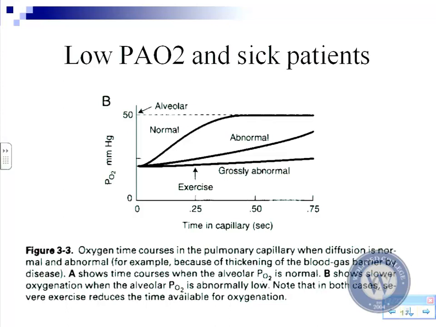Their saturations begin to fall, and that individual becomes very grossly symptomatic. If you were to look at the actual value of saturation, this person would be a PaO2 of 50, so you're looking at saturation maybe around 85%. So that person would be already symptomatic. But you make him exercise just a little bit, you'll push him right off the edge.